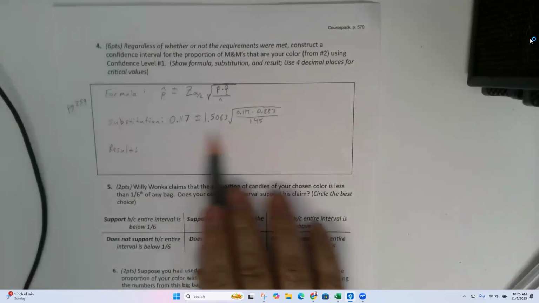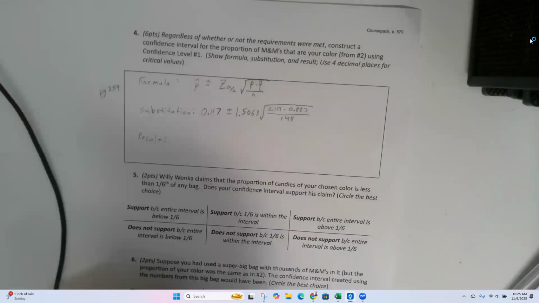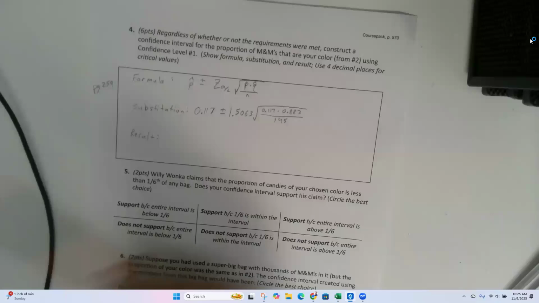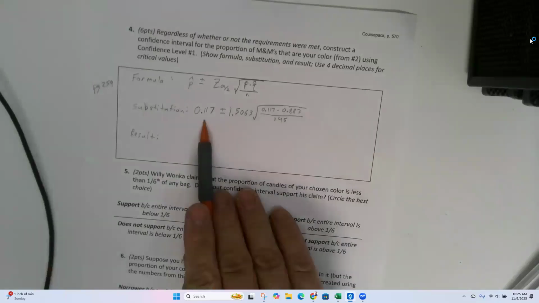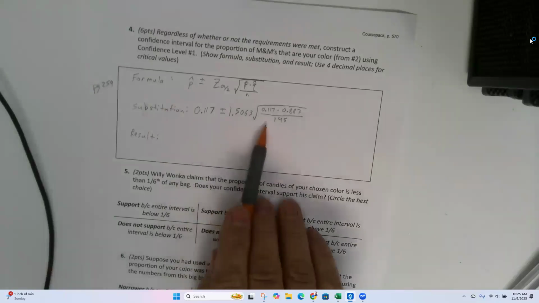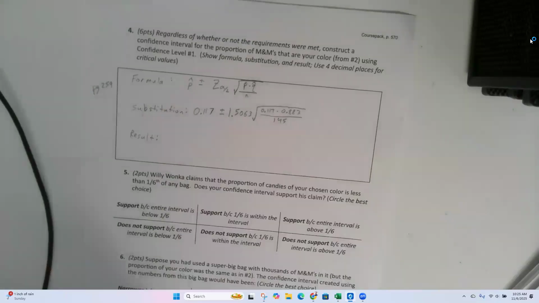Now that I have this, I can put this into Desmos and get my answer. If you do that, you're going to get one answer based on the numbers you have here. Technically, you'll get a different answer if you use StatCrunch because of rounding. So you can do it either way.